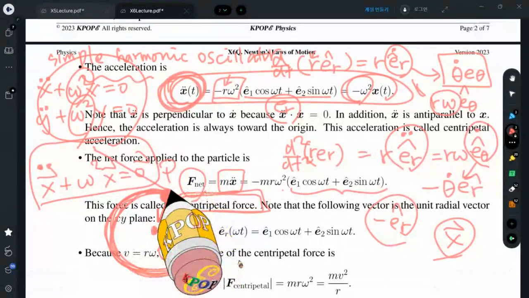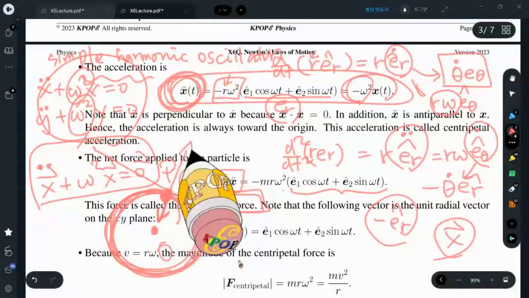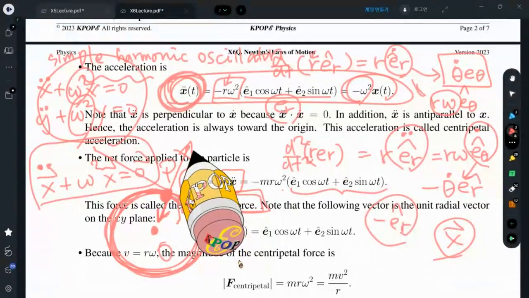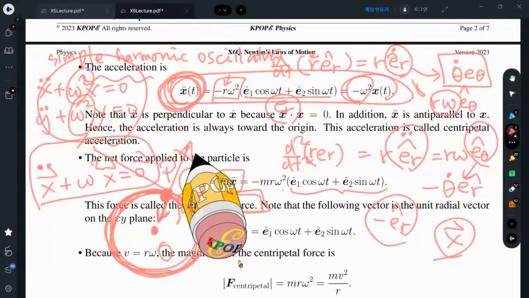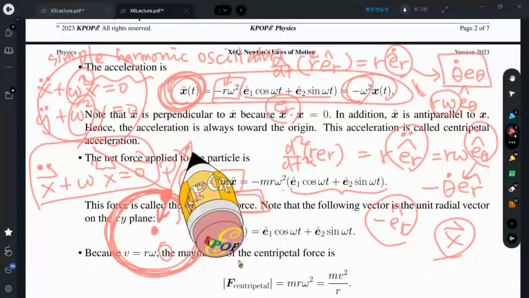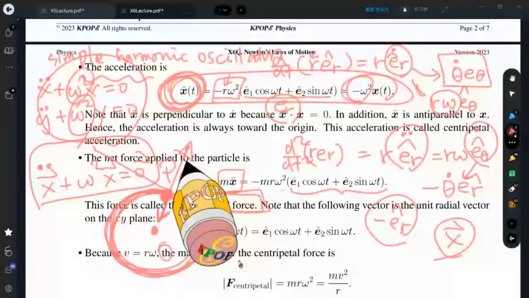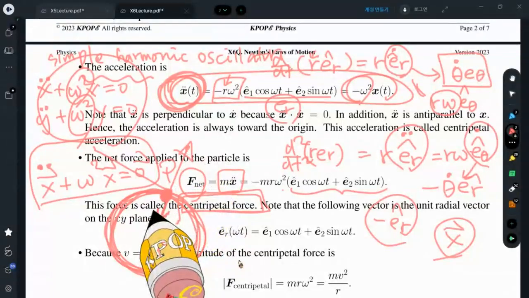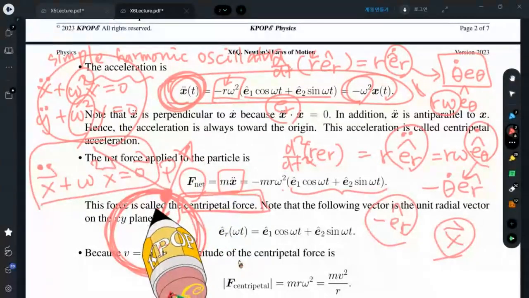You feel some force outside. That is called centrifugal force. That is not a force. That is just inertia. That is the reason why you are in a non-inertial reference frame.